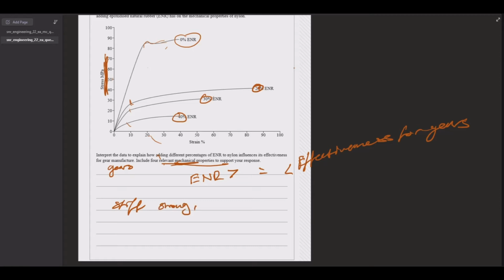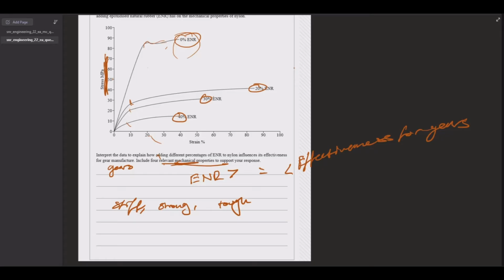And it needs to be reasonably tough. But if we wanted maximum toughness, we would go with the 20% ENR. Potentially. But we're looking for a combination of the best of these properties, so it is still 0% ENR that is the best candidate there.